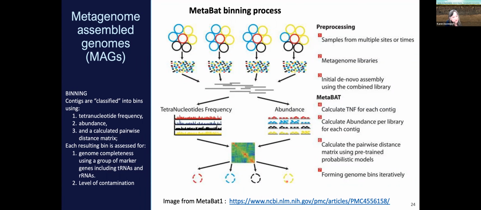Each resulting bin is assessed for completeness. I believe it has to be above 90 or 95% to be called a high quality bin, with less than 5% contamination. And for a medium quality bin, it has to be considered 50% complete with less than 10% contamination.